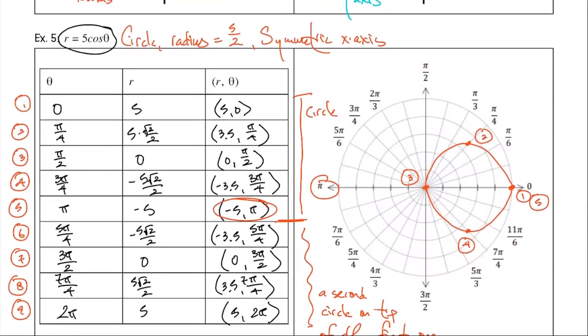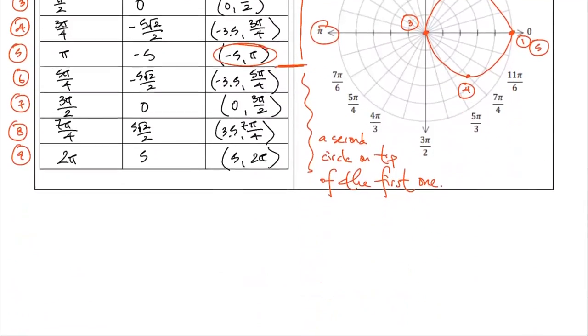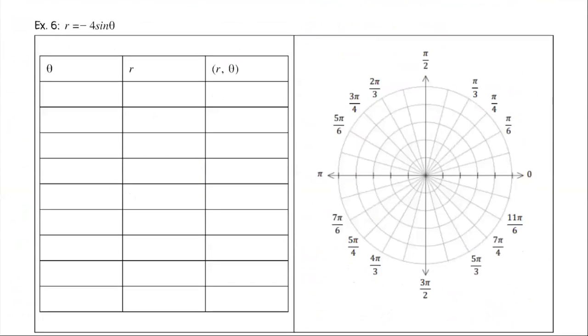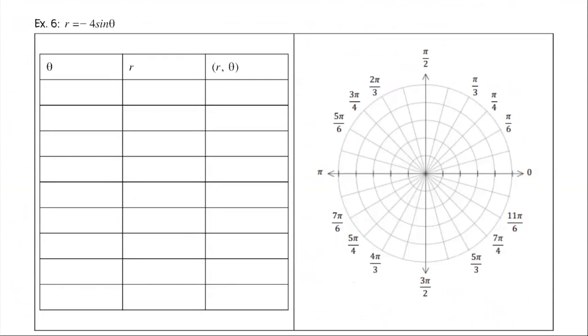All right. So we've got a circle here. Let's take a look at this one. Okay. So given this equation, what do folks think this shape is going to be? Tell me about some important characteristics about this based on the equation.